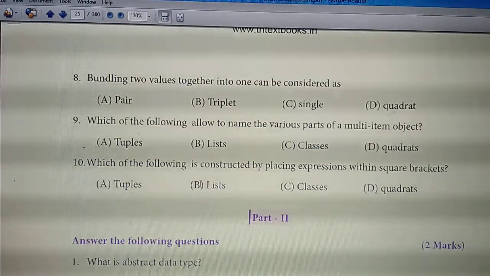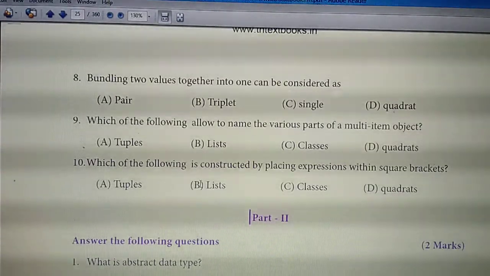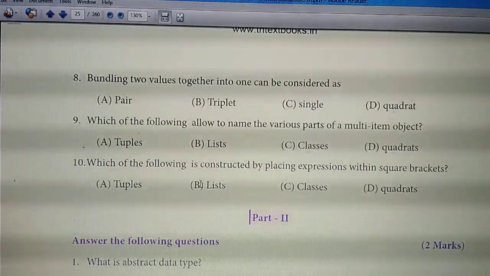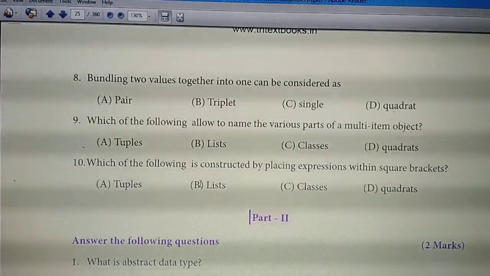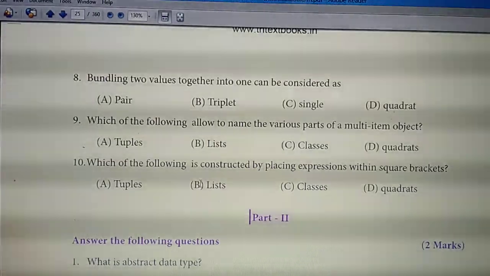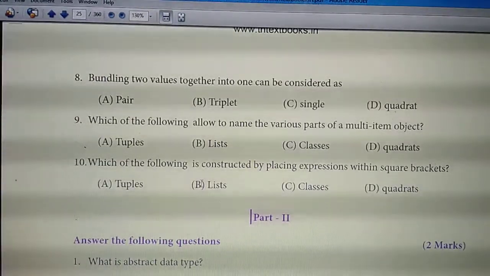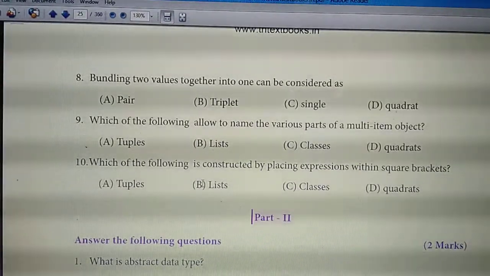Fifth, option C, concrete data type. Sixth, option D, abstract data type. Seventh, option A, pair. Eighth, option A, pair. Ninth, option C, classes. Tenth, option B, list.